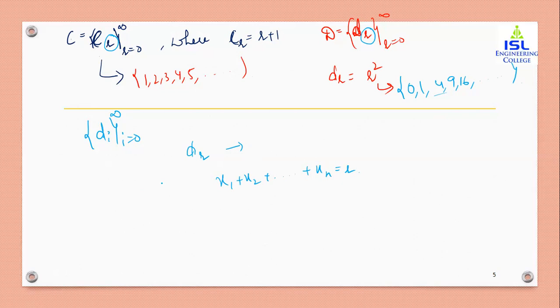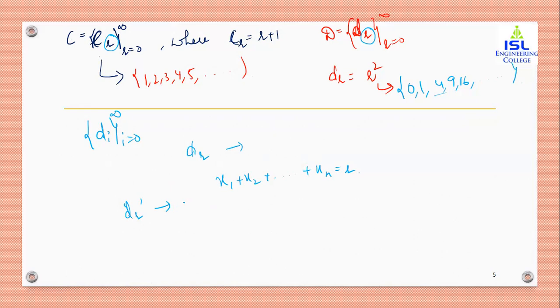If you remember in permutations and combinations, dr is described as the number of ways of distributing r indistinguishable balls into n distinguishable boxes.